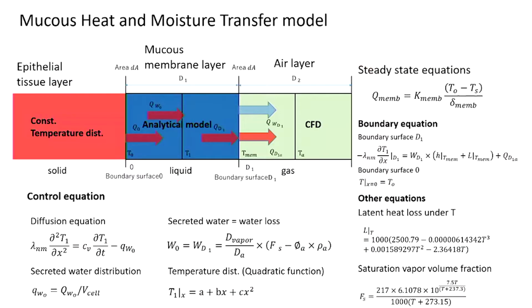And I'm not sure about other research groups' activities, but in my understanding, the inner surface temperature distribution inside the respiratory tract is not constant, not uniformly distributed, and then we must introduce some numerical model to reproduce the non-uniformity of surface temperature distributions and also the humidity distributions.